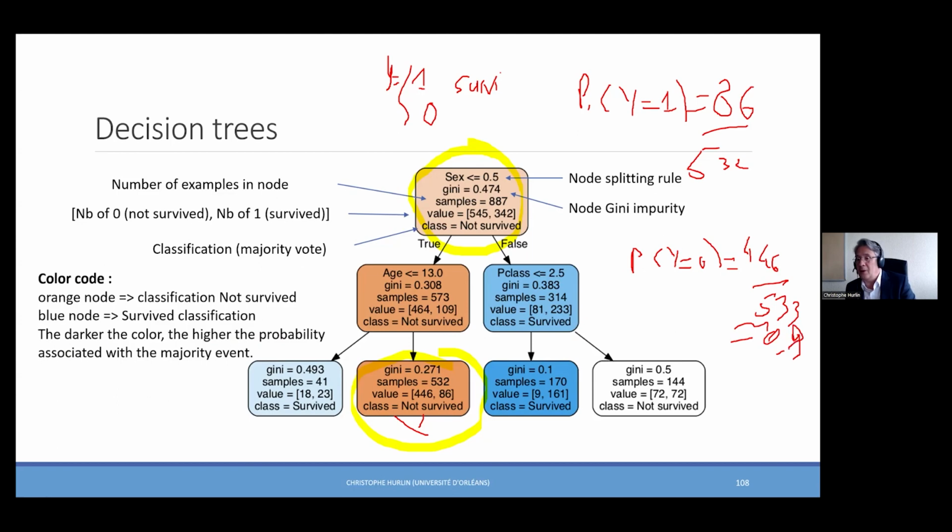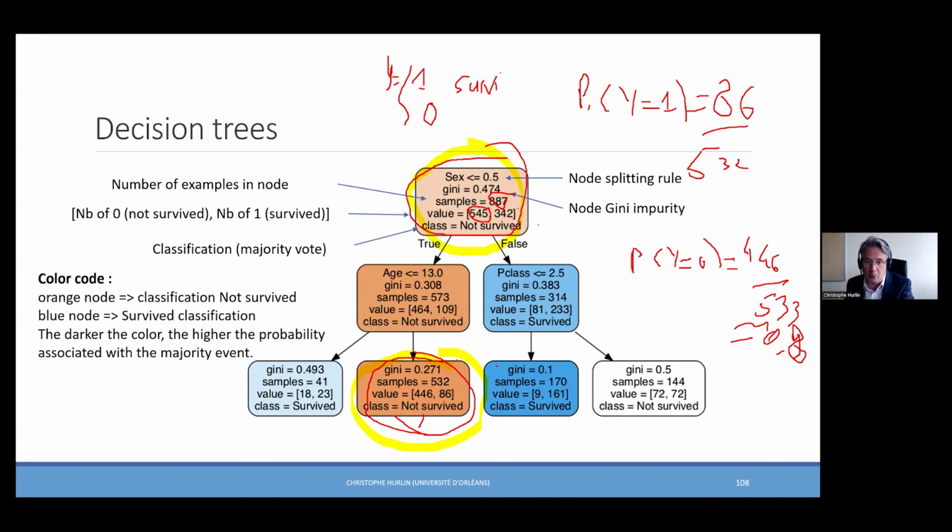So this is a high probability. This is why the color here is dark. And on the contrary here, the probability to not survive is equal to 545 divided by 887. This is approximately equal to 0.5. So the probability to not survive is lower here than here. This is why the color is darker here than here.